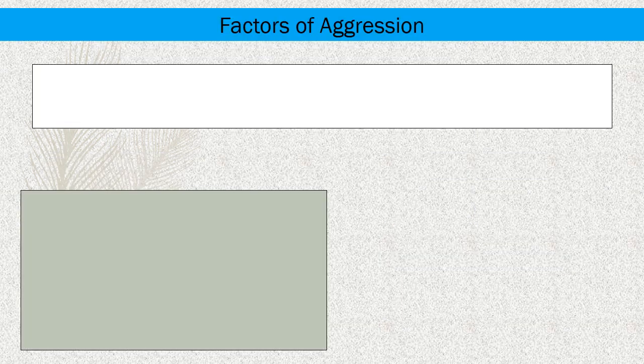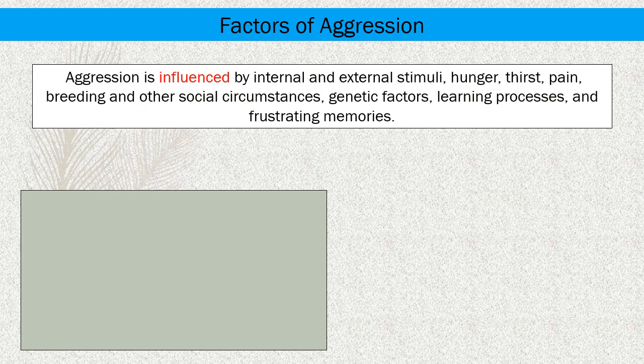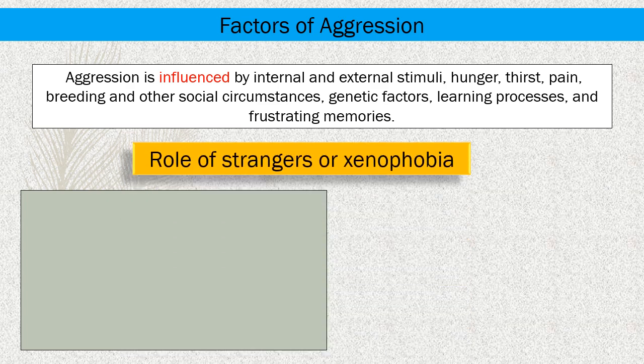There are different factors of aggressive behavior. Aggression is influenced by internal and external stimuli, hunger, thirst, pain, breeding, and other social circumstances, genetic factors, learning processes, and frustrating memories. Let us discuss one by one.